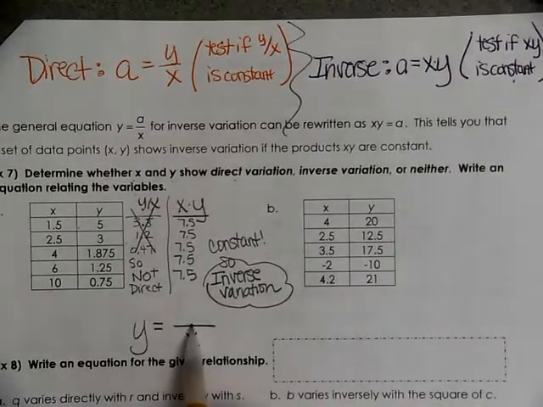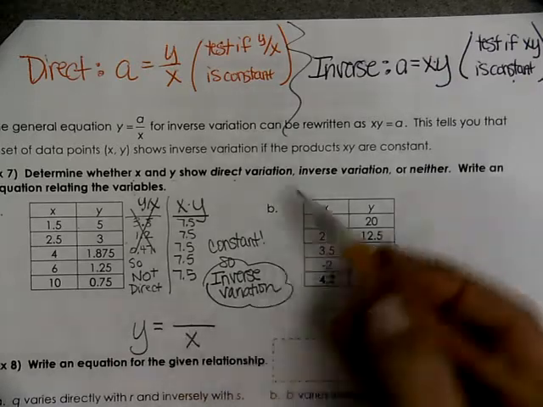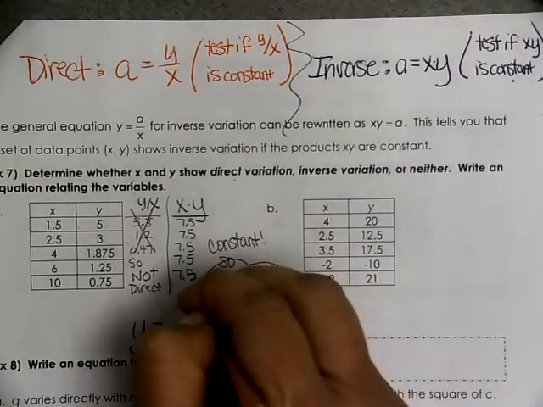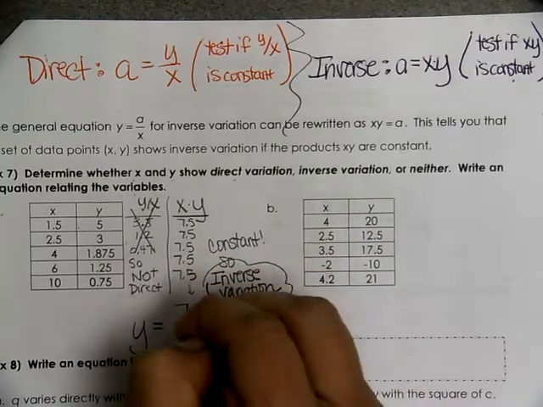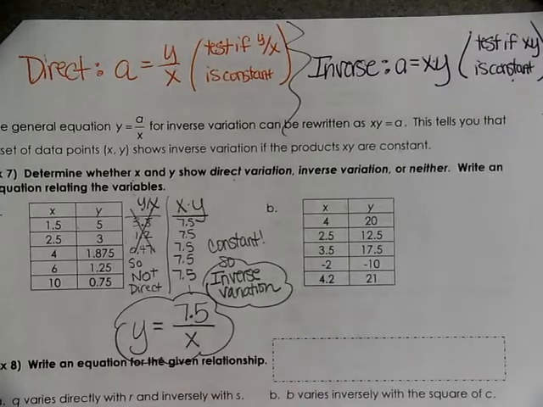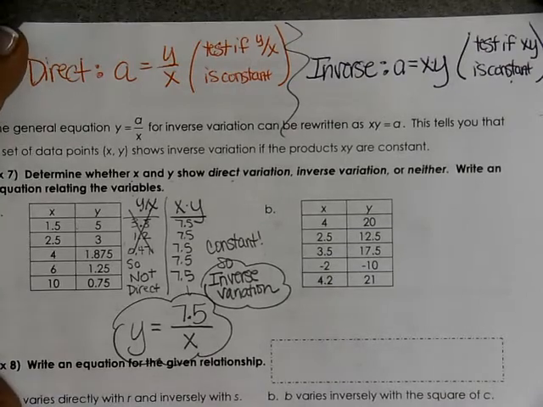But what the heck is a? Any ideas? Remember, a is your constant of variation. Wasn't this 7.5 the constant? So what we'll do is we'll put that constant that we got in for our constant of variation, and we're all set. And so that's how we can deal with the tables.